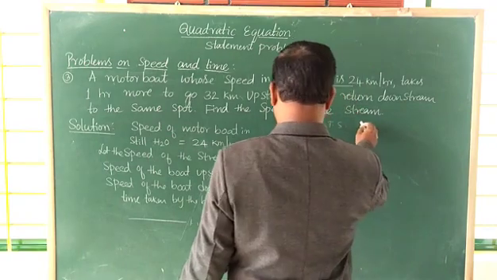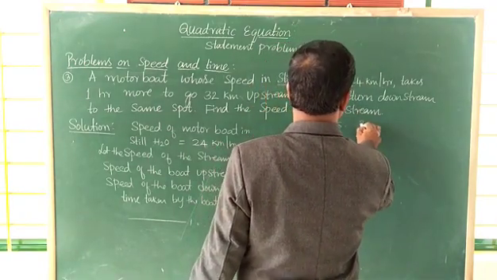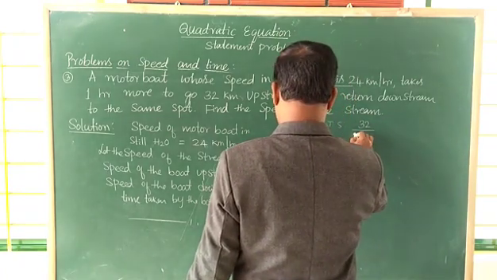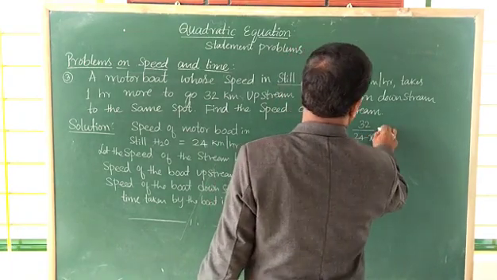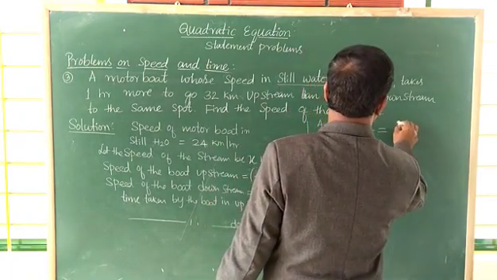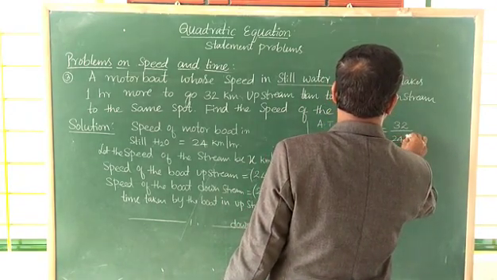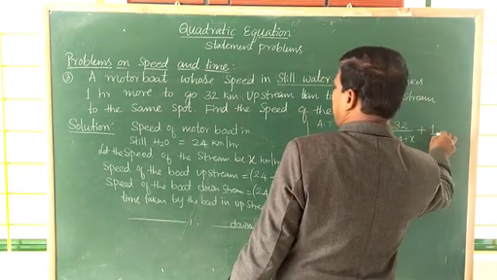So here 32 by 24 minus x, the upstream time, is equal to 32 by 24 plus x plus 1.